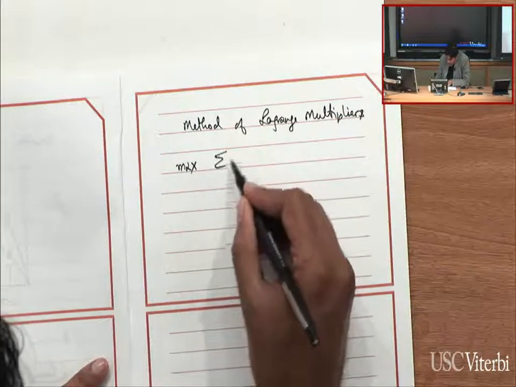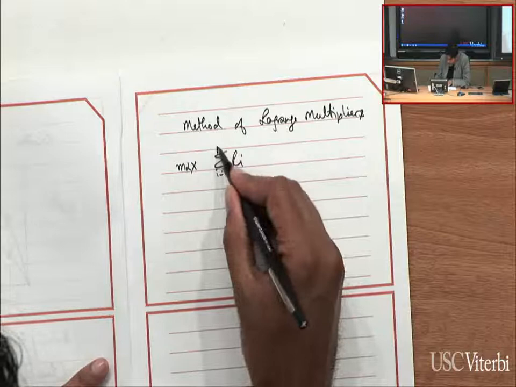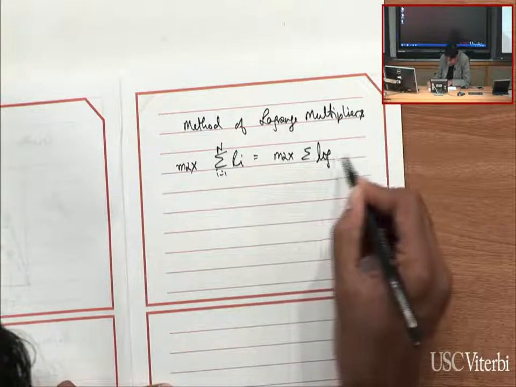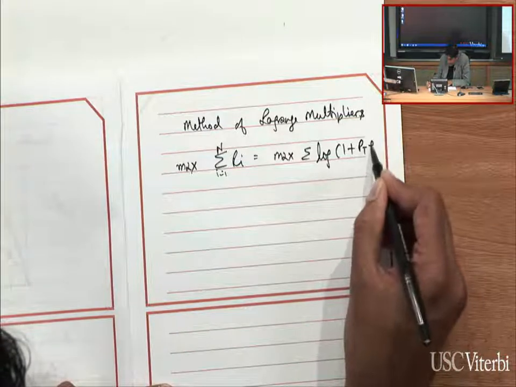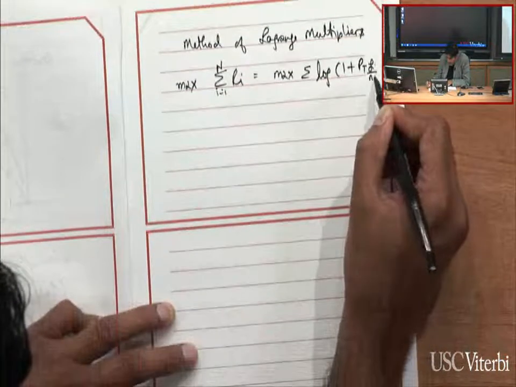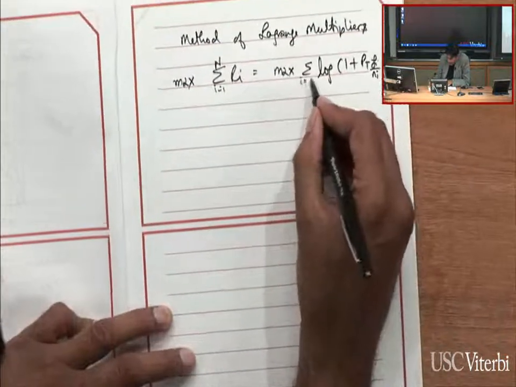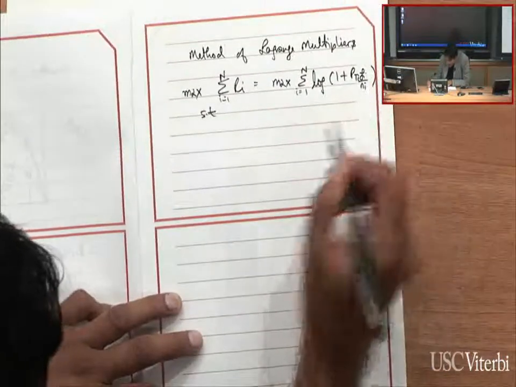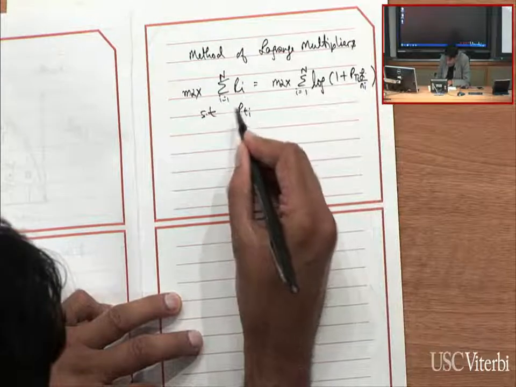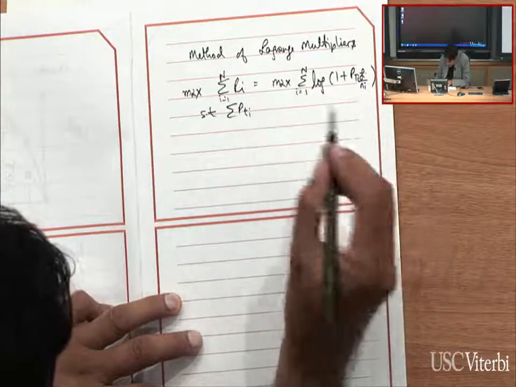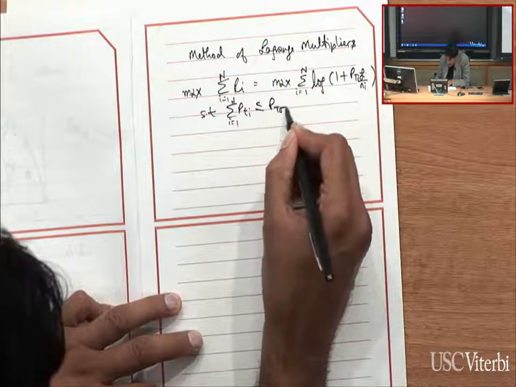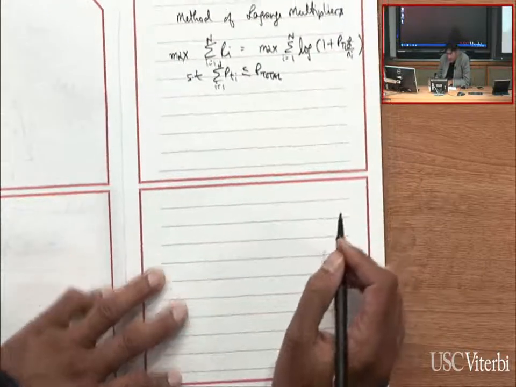So maximizing the sum of rates, which we said is the same as maximizing the sum of log of 1 plus p_i g_i over n_i, subject to the sum of p_i over all of these n channels being no more than P total.